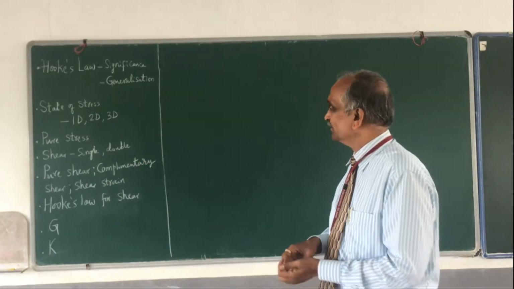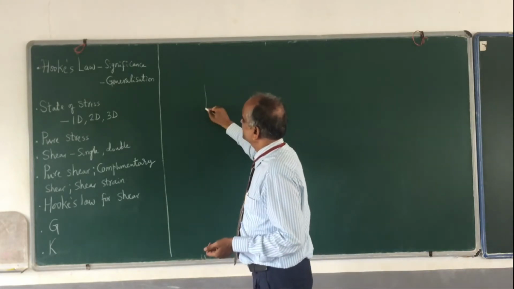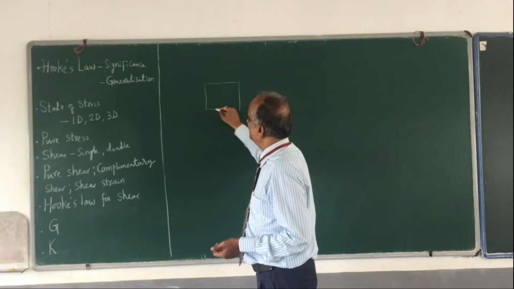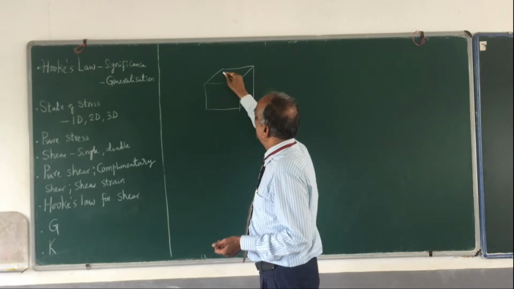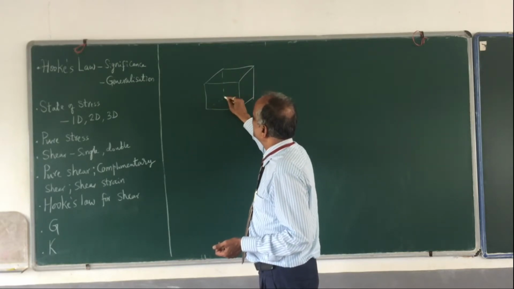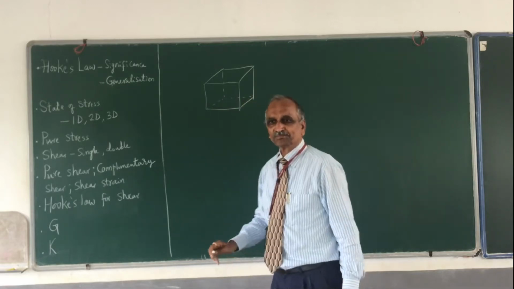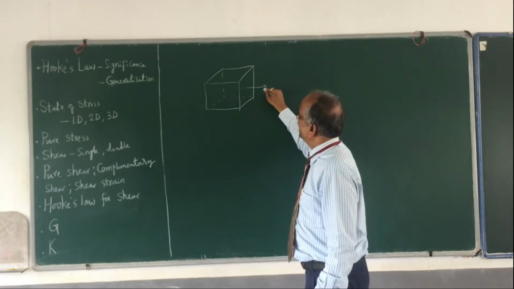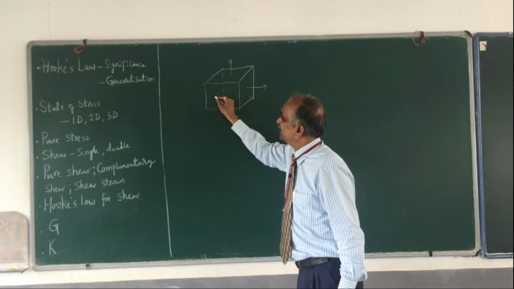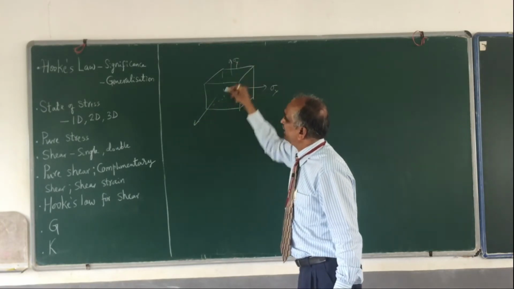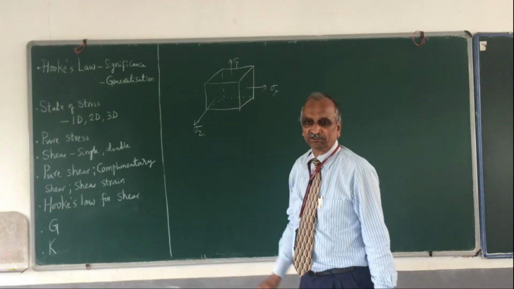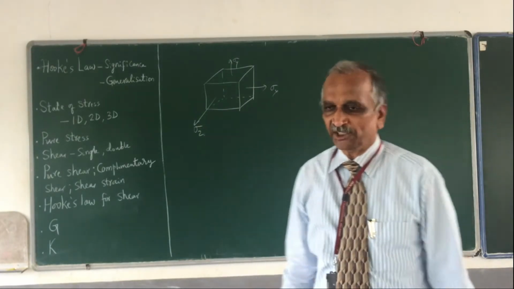I have discussed this in my last class also. If we have a three-dimensional body and we have sigma x, sigma y and sigma z, I am showing only three stresses in the three directions.